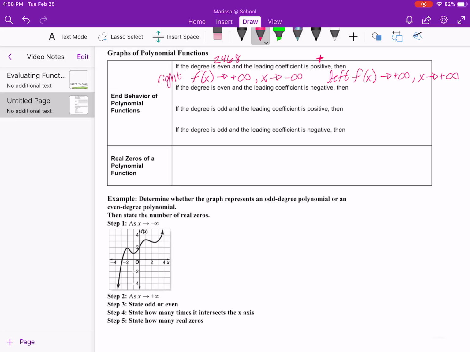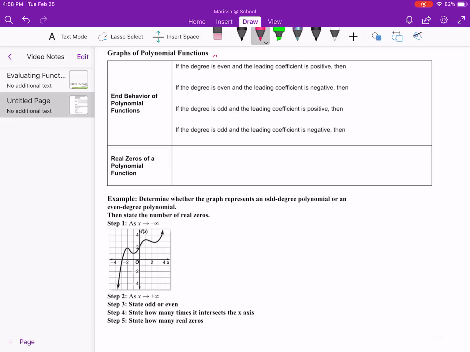I wrote this backwards, so hopefully you were writing in pencil. I was looking at it and thought, wait a second, something doesn't make sense. Okay, bear with me. We're going to start over because I said this wrong.